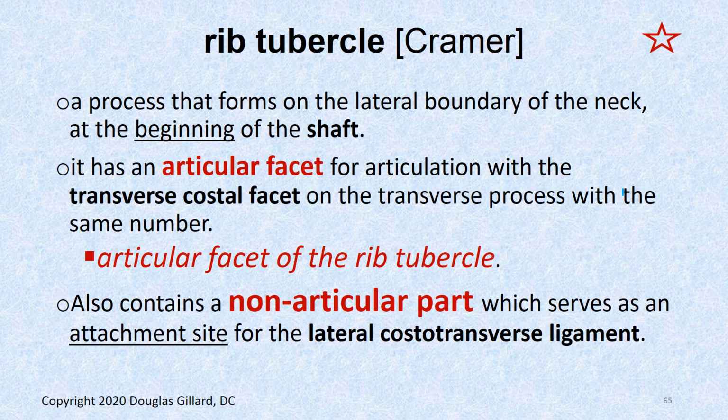But if it's on the smooth surface, the facet or articular facet, then you would have to say the articular facet of the rib tubercle. Don't forget the "of the." It also contains a non-articular part, which gives rise to a very short and powerful ligament called the lateral costotransverse ligament.